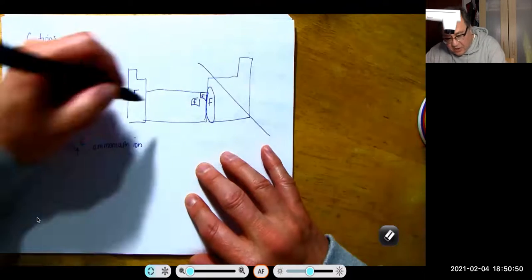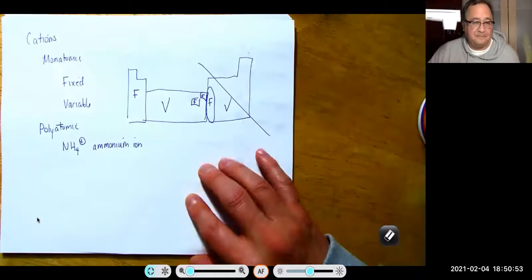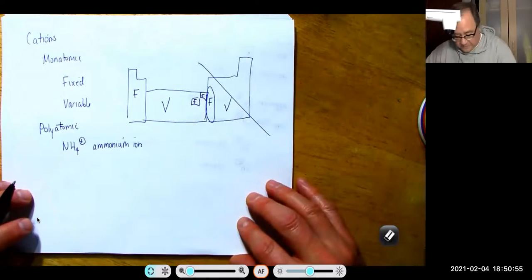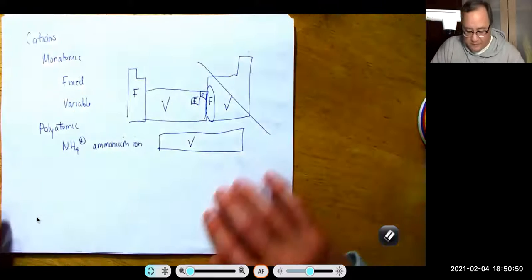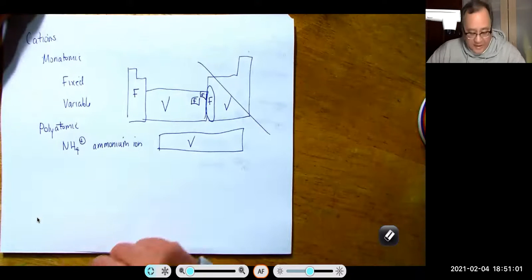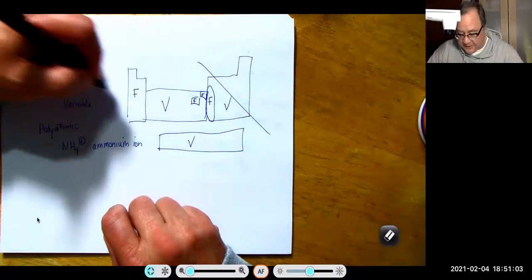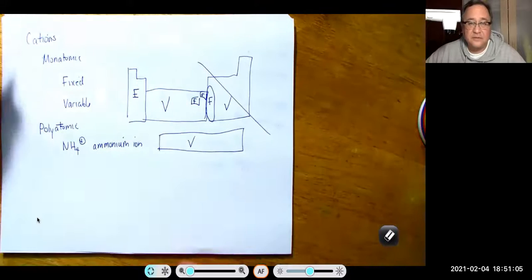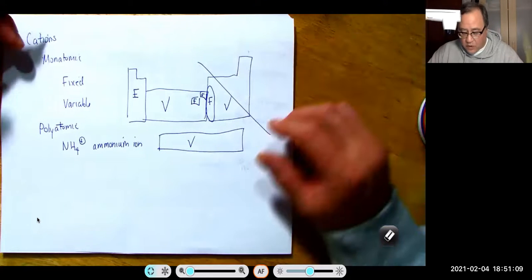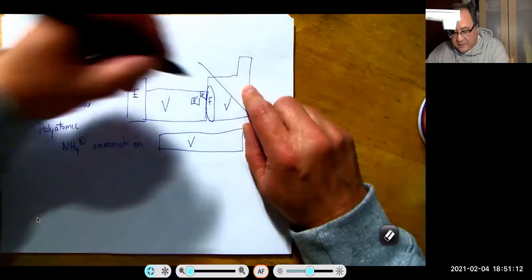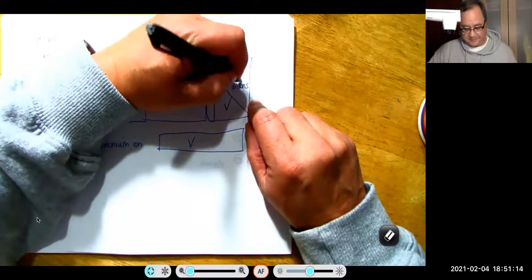The rest are variable. Okay, so F is fixed, V is variable. Okay, this is to kind of give you a visual of what's going on. What are these going to be? They're going to be anions.